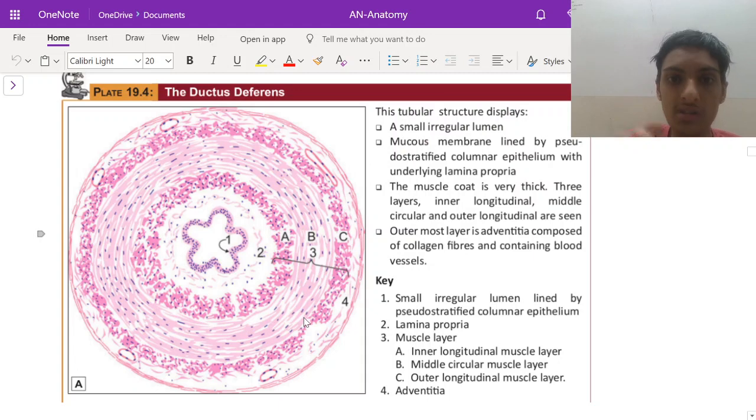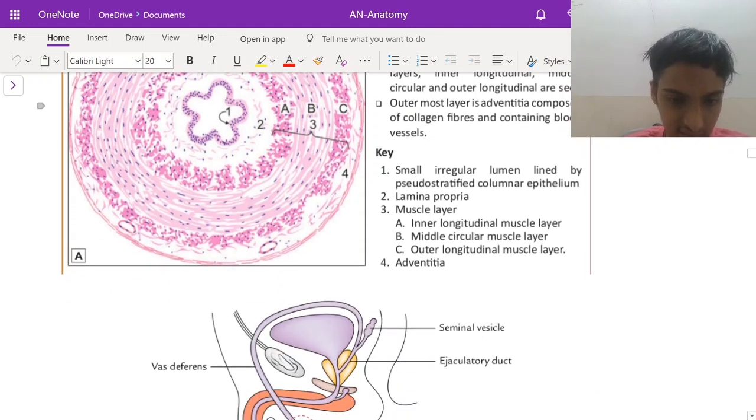Here it is pseudostratified columnar epithelium. And we have the lamina propria here and the muscle layer, marked 3. That A, B, C is totally the muscle layer. So we have inner longitudinal, middle circular and outer longitudinal layer, and the fourth layer is the adventitia. So these are some of the layers.